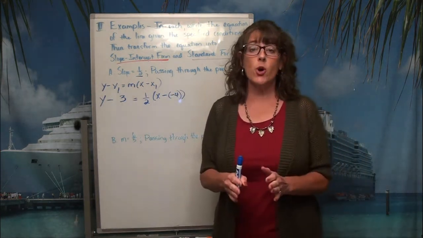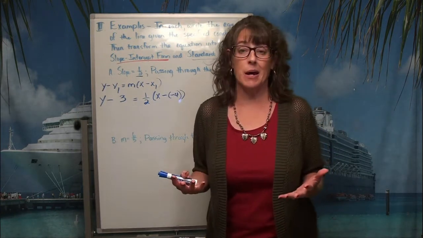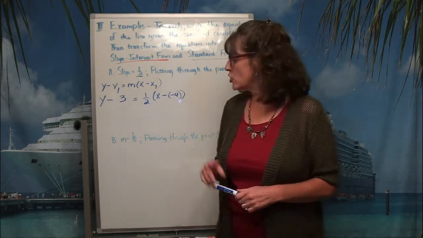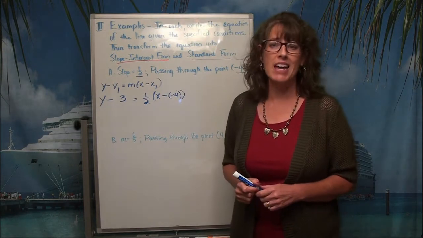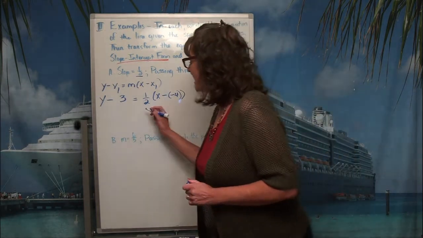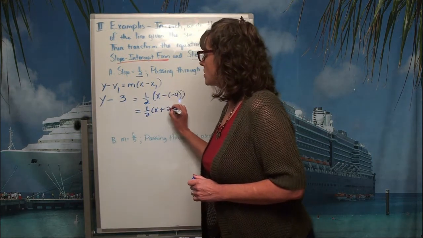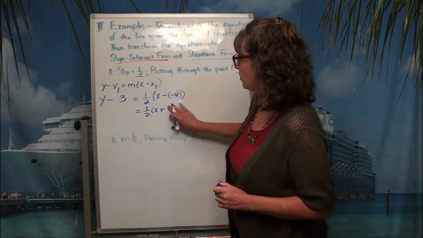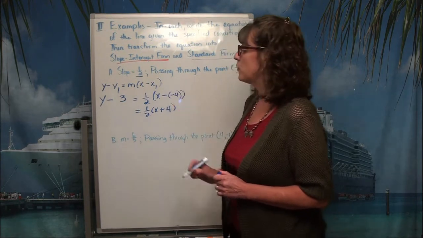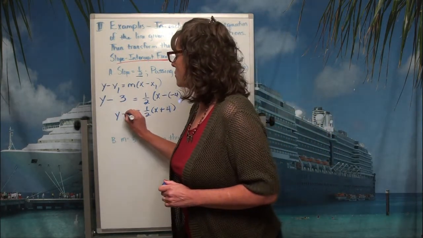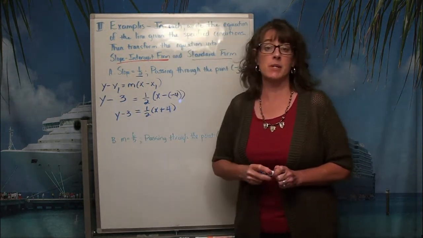Now with point slope, there's this thing that I call cleanup. Cleanup is easy to do because you know subtracting a negative is really adding a positive. So I'm going to clean that up because subtracting a negative is a bit cumbersome. So I'm just going to clean it up as, whoops, not x plus 2. I don't know what I was thinking. X plus 4. So I have y minus 3 equals 1/2 times x plus 4.